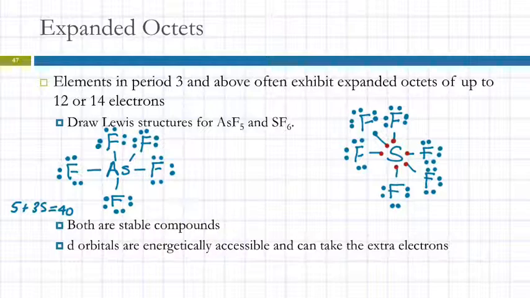It can't expand into the d orbitals because there are no 2d orbitals. So it can't. So those period 2 elements, nitrogen, carbon, oxygen, fluorine, they cannot expand their octets. But the ones below them in the periodic table can.